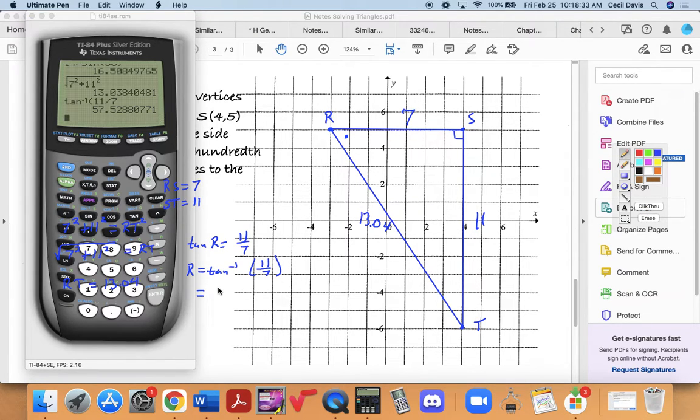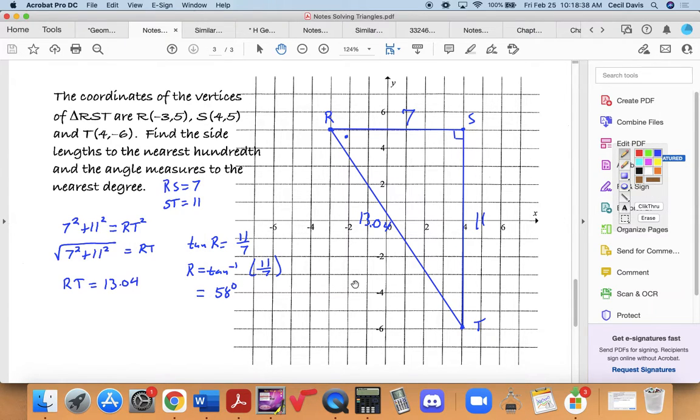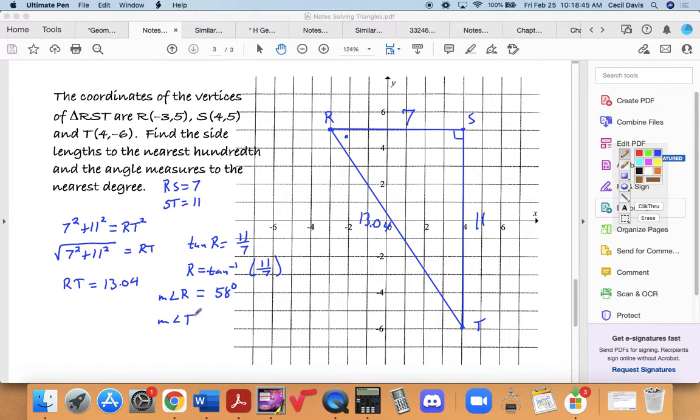So 58 degrees. And then the measure of angle T, we can just take 90 minus 58, it's 32 degrees. Okay. Let me get that closed.